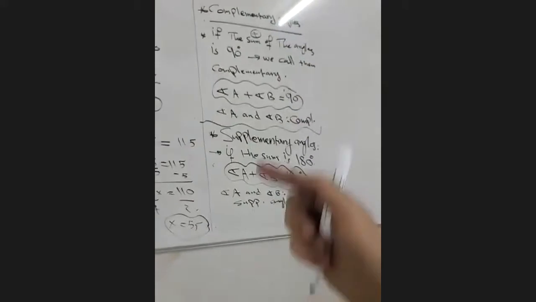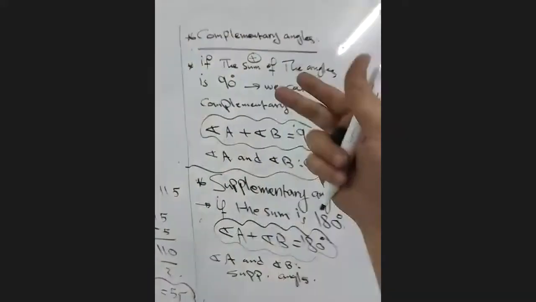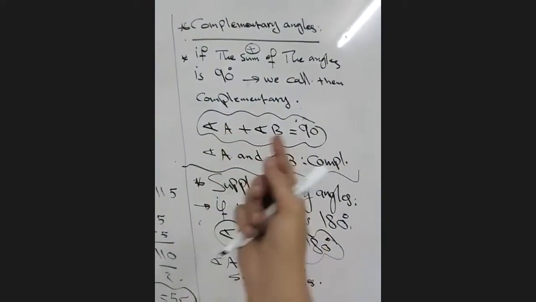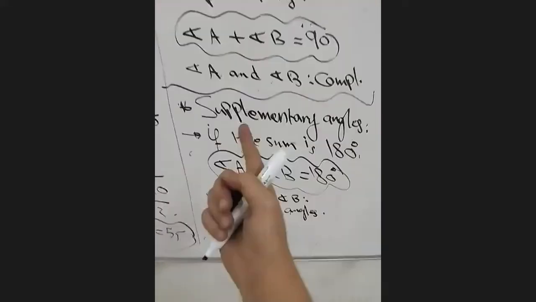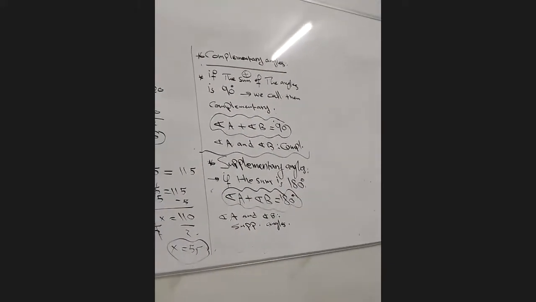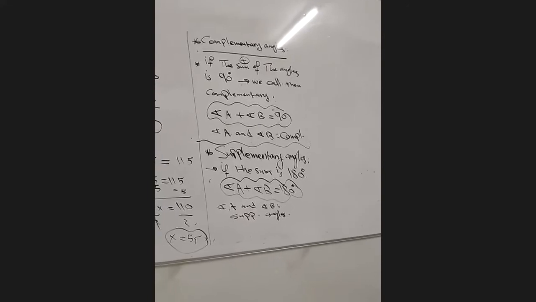So this is the definition of the two pairs of angles. The complementary angles, if you add them, the answer is 90. Supplementary angles, if you add them, the answer is 180. This is the idea of this lesson, guys.